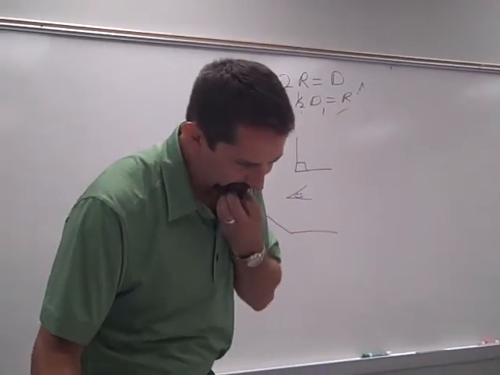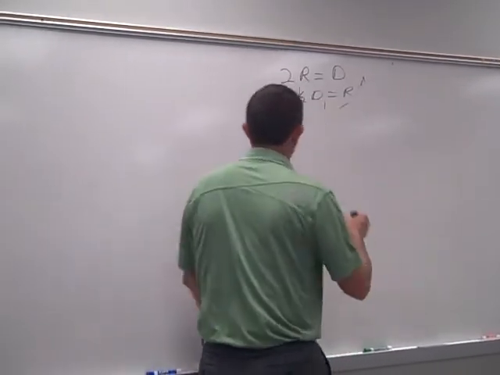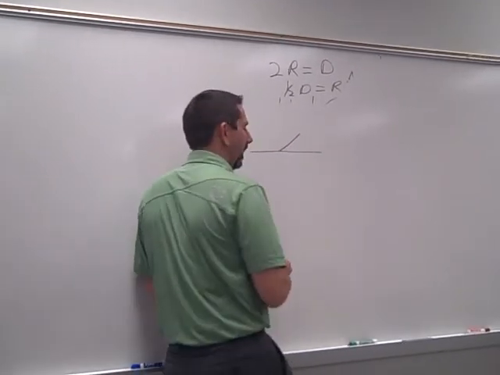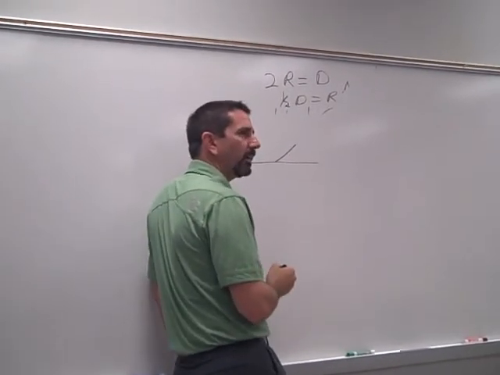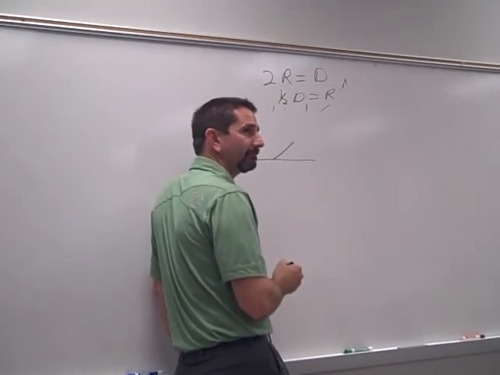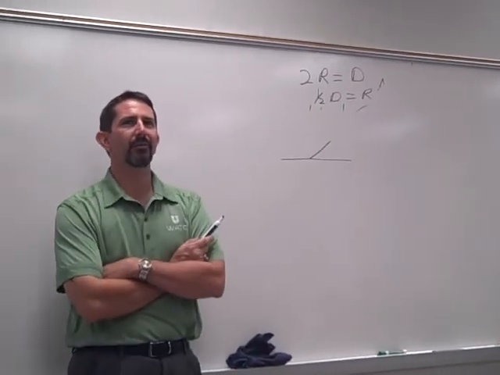Okay. When we have 2 angles that make up 180 degrees, what do we call that? I have two angles that make up 180 degrees. What is that called?